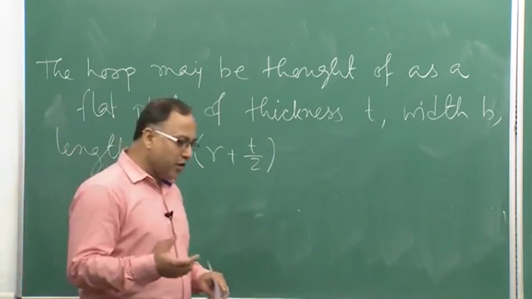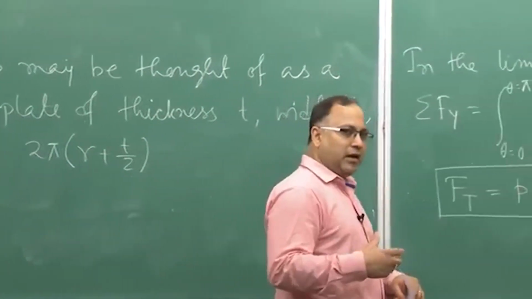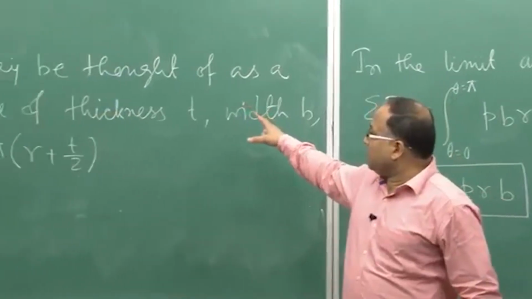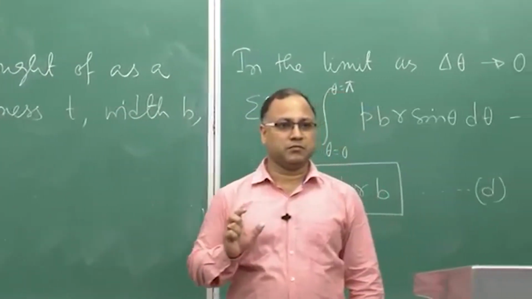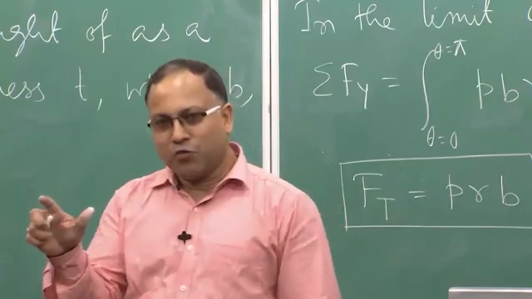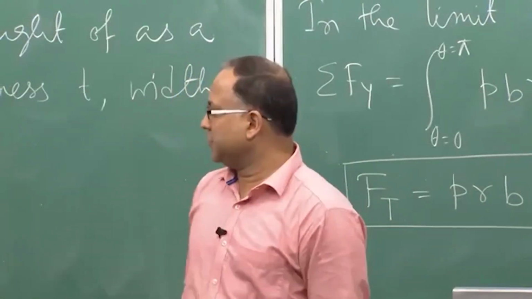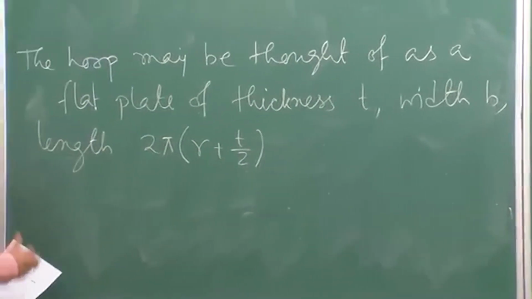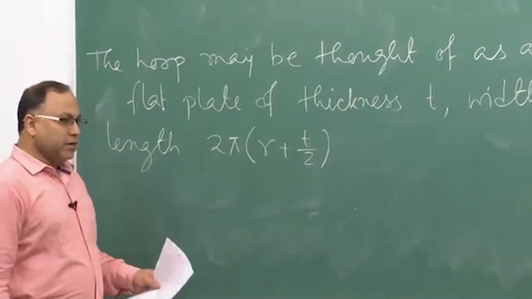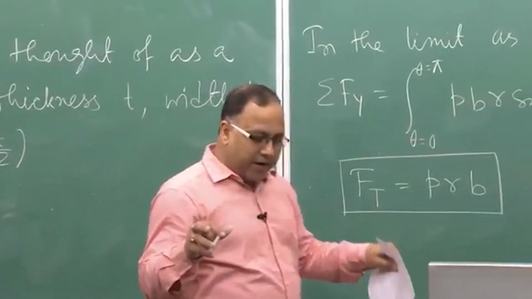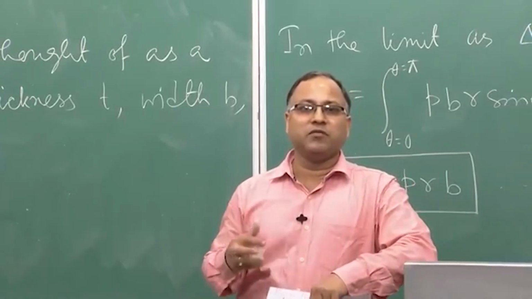So, what I am doing? I am just cutting the hoop and making it a flat plate. So, these are the dimensions of the flat plate. I am not doing anything new, we are only cutting the hoop and making it a flat plate. Now, as you have seen, this flat plate will be under the tension of F t.